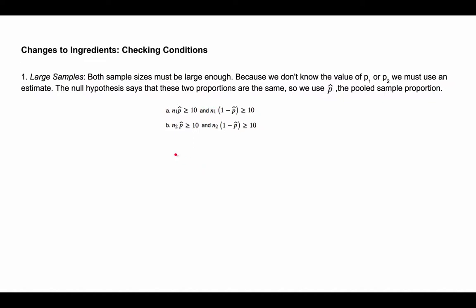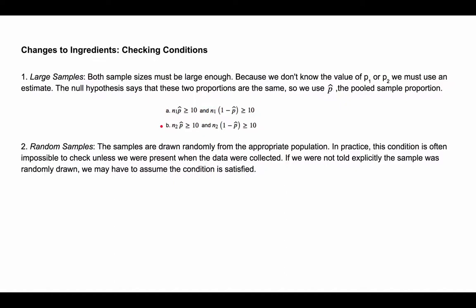Essentially, we have to figure out how many people are expected to support stem cell research if we group all of them together and make sure it's bigger than or equal to 10, and how many people are expected to not support stem cell research and see that's bigger than or equal to 10. Now we do this for both population groups that we sample, so population 1 and population 2. So N1 is the number of people in sample 1 and N2 is the number of people in sample 2.